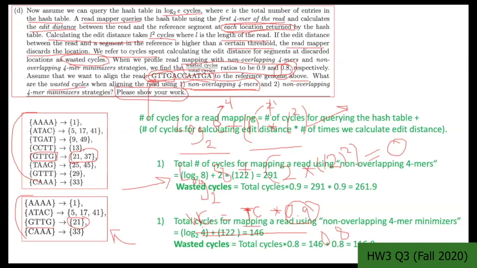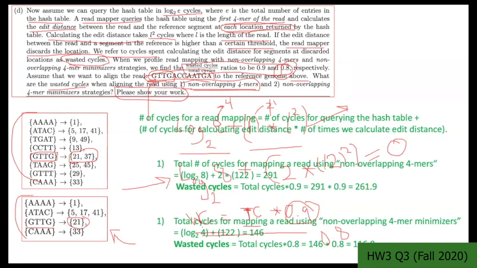That means we have a more time efficient process with the minimizer, because apparently the hash table is smaller. So we have fewer entries in the hash table and fewer locations. So whenever we query a seed, we probably get less work to do and fewer edit distance operations.